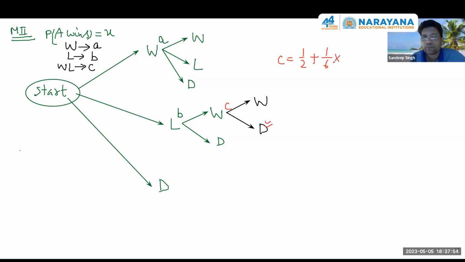1/6. And into, after one draw is there, then what is to be multiplied again? Now this will become a recursive thing, C. Is it understood? Is this equation clear to all? Yes, sir. ये C समझ रहे हैं आप कैसे आया है? मान लीजिए अभी मेरा चांस C है जीतने का, तो मैं कौन से matches जीत चुका हूं?